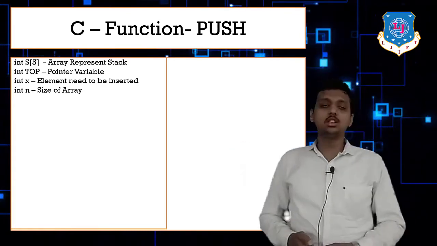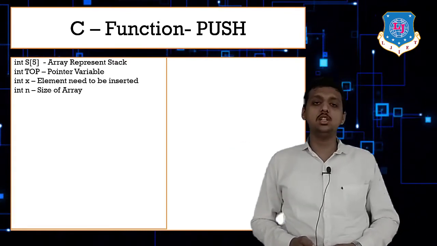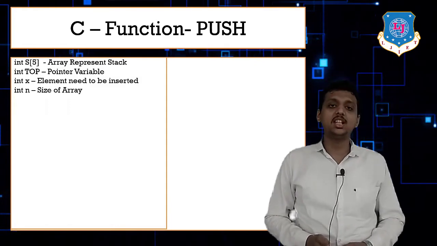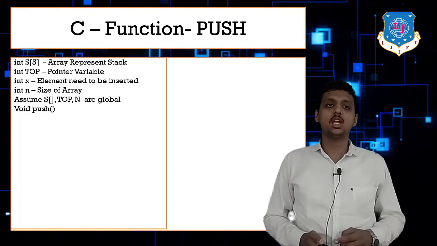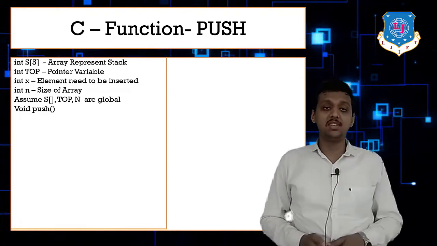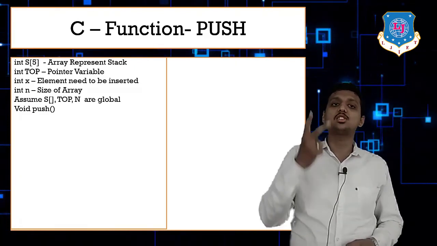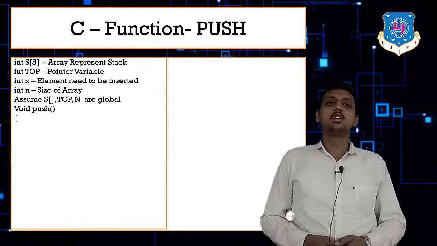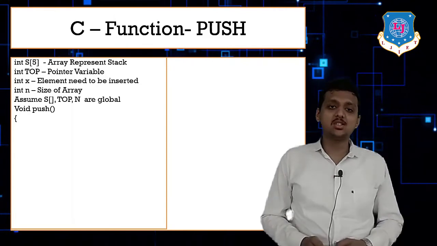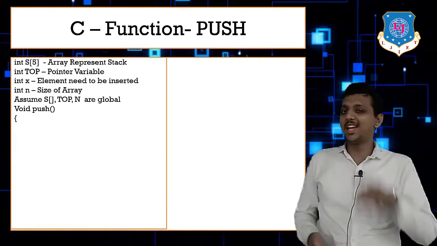After declaring all four variables, I am going to start with my function. My function is not going to return anything, that's why it becomes void push, and I am not passing any variable. Why? Because I am taking s, top and n as global variables. Again, I am not passing x over there because I am going to take x inside the function.